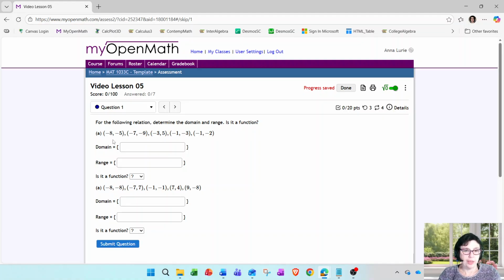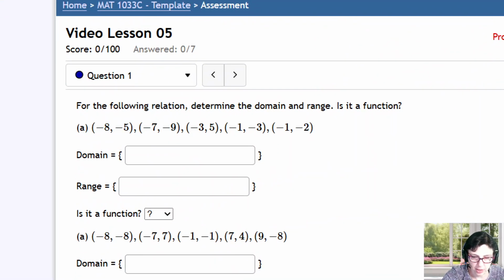Okay, now the domain is the list of inputs. So when you look over here, the domain would be this number, that would be the x values, okay? Now, if some of them repeat, you do not repeat them. So that's important. When you write the list, it could actually be in any order.